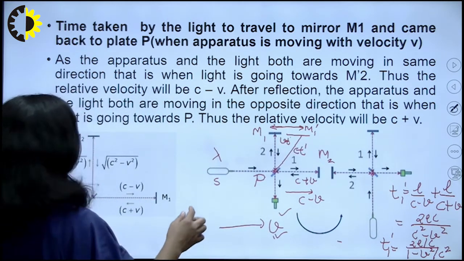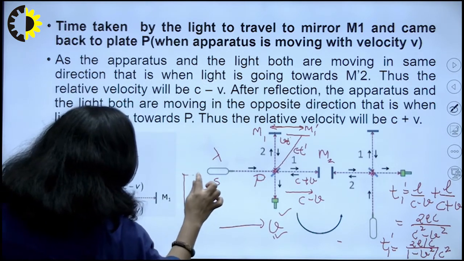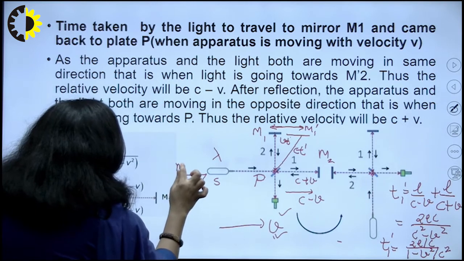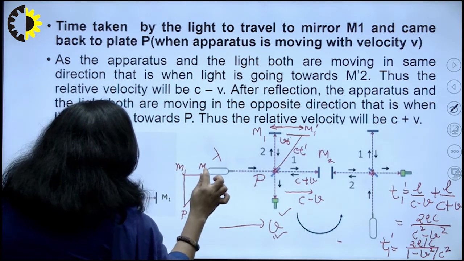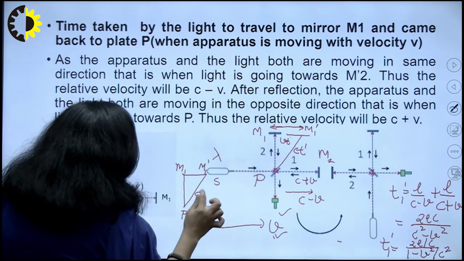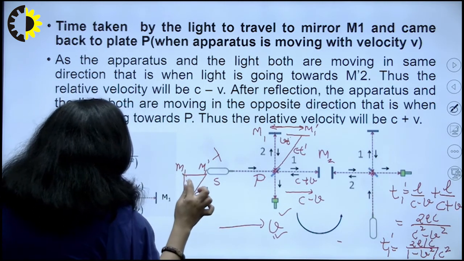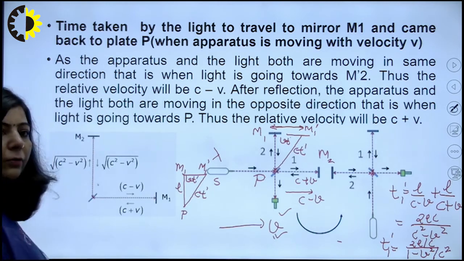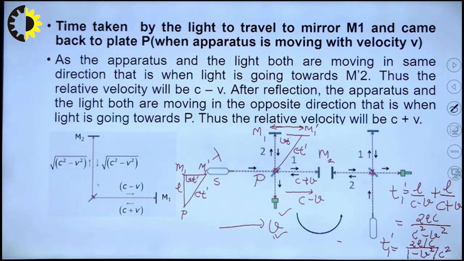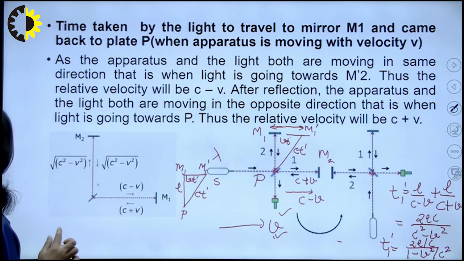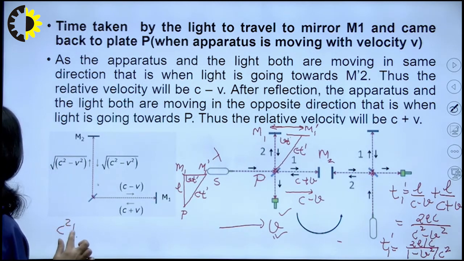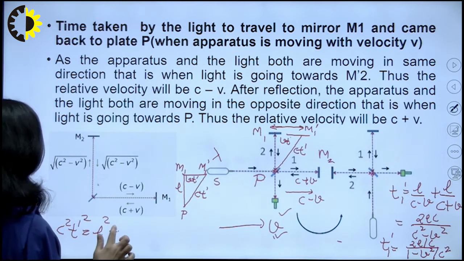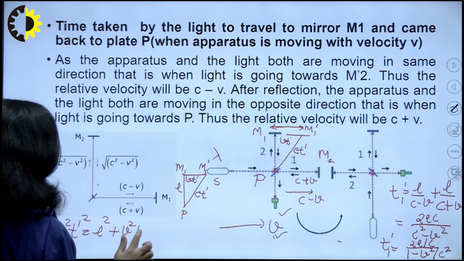So in this right angle triangle, let this be P, this M1 and this M1 dash. This is your Ct dash, this one is your Vt dash and this one is your L. So according to Pythagoras theorem, for this right angle triangle, you can write C square t dash square is equal to L square plus V square t dash square.